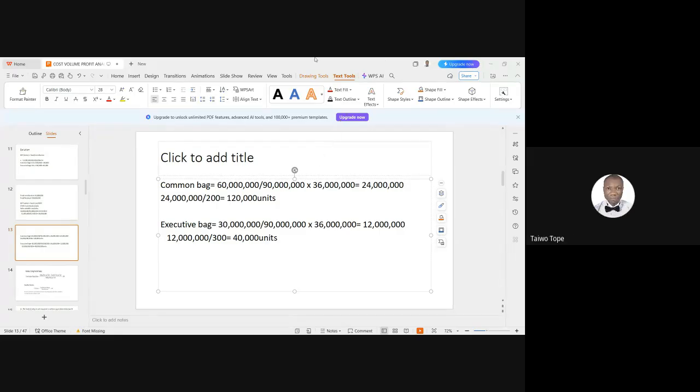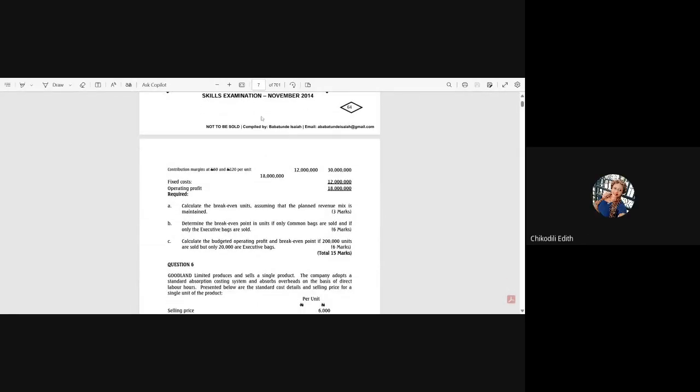Looking at the deep part of this question, everybody should be able to solve it. Let's see now. Determine the break-even point in units.